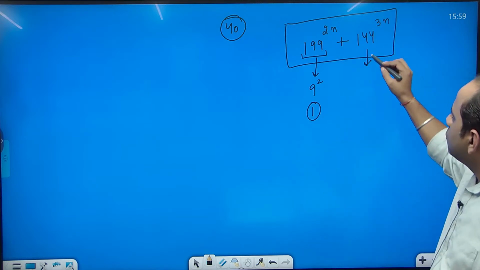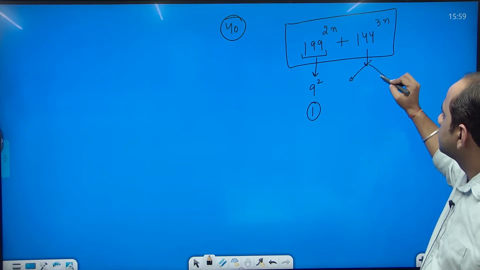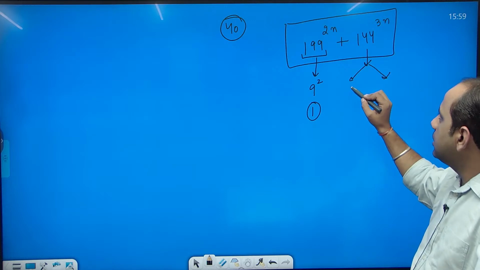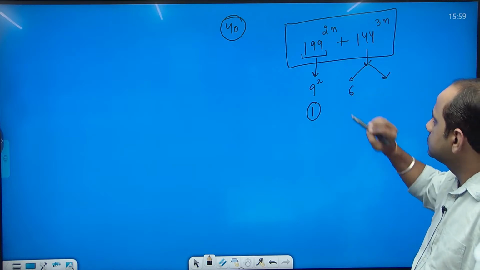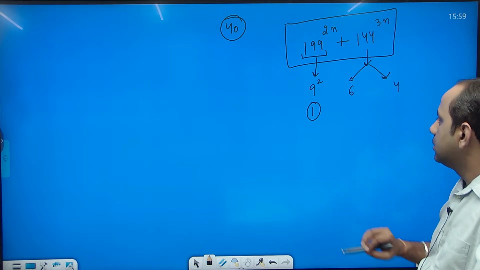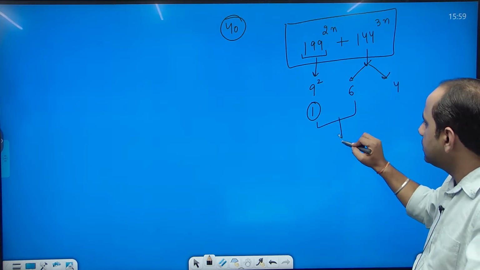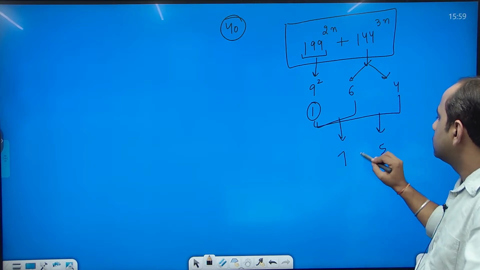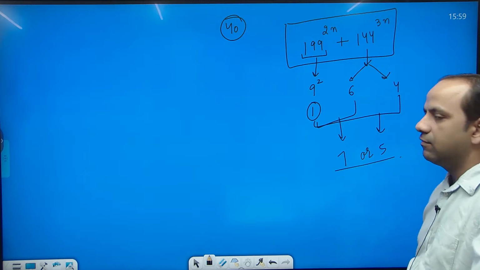So there are two possibilities. If n is divisible by 2, then your answer will be one thing, and otherwise another. So in this case unit digit will be one, and in this case another. So your answer is either 7 or 5.